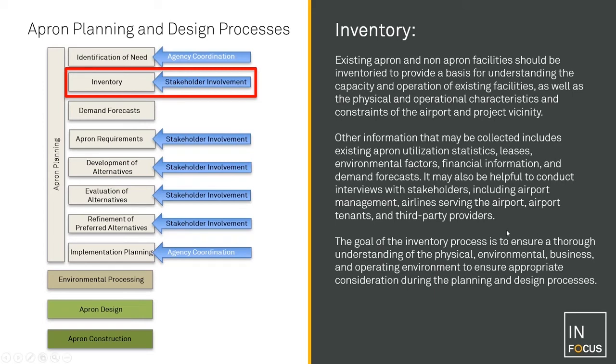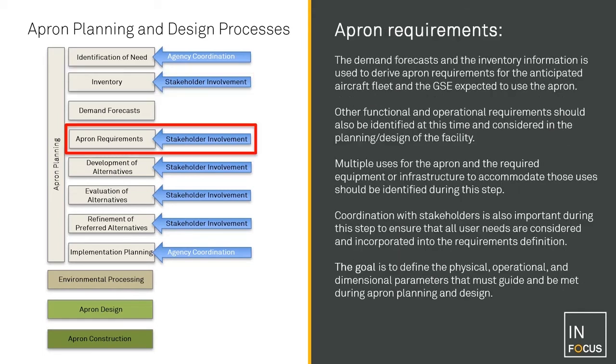And the goal of this first step, the inventory, is to ensure a thorough understanding of the physical environment, business and operating environment also, and what things need to be considered, what equipment, and all sorts of different information that you can gather up to begin your planning process.